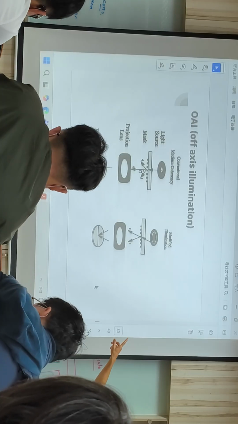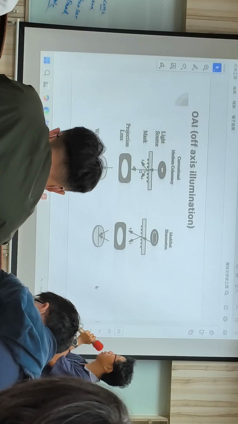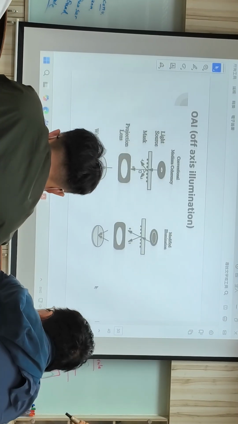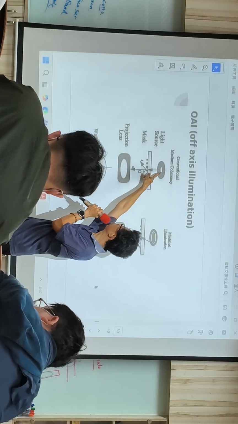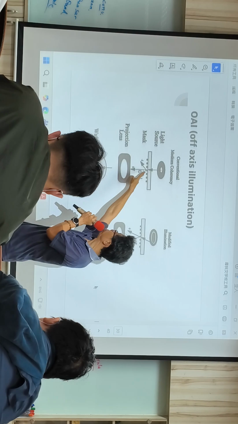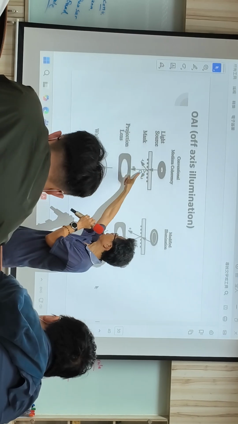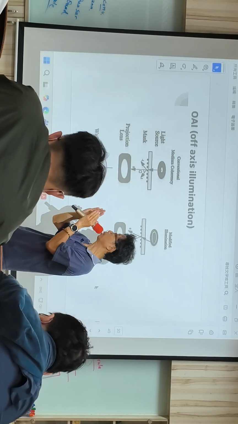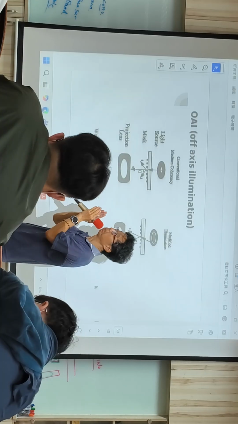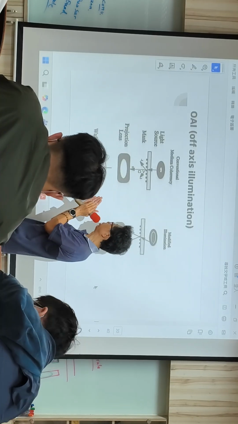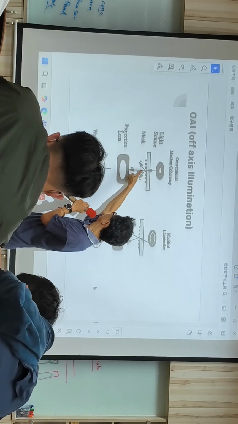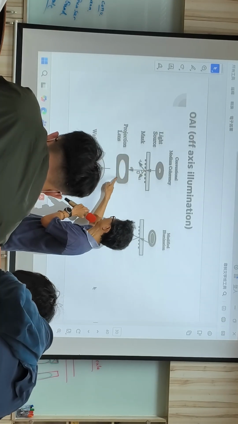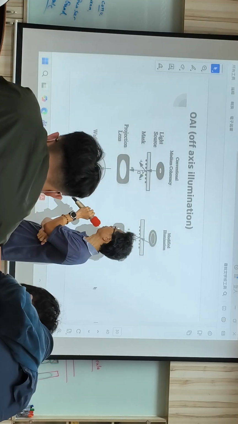So we use annular illumination as an example. Okay? If we have conventional illumination and very high resolution, if we are lucky and it is within the resolution limit, then we'll be able to collect 0, +1, and -1, and we'll form an image.